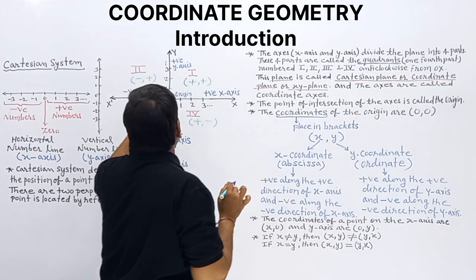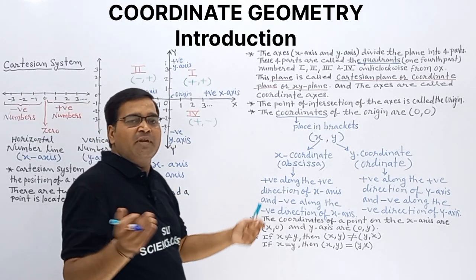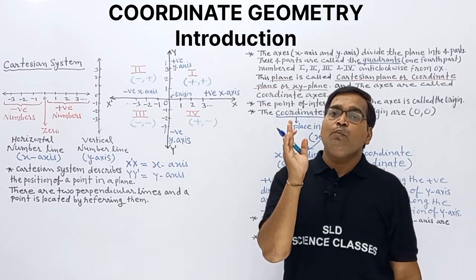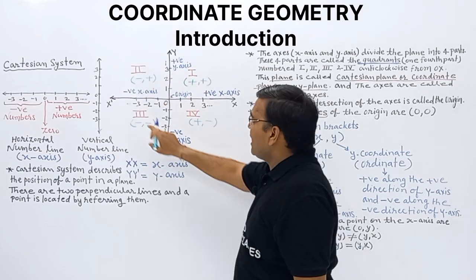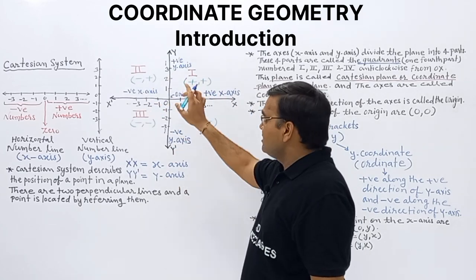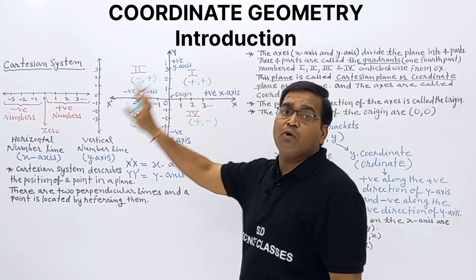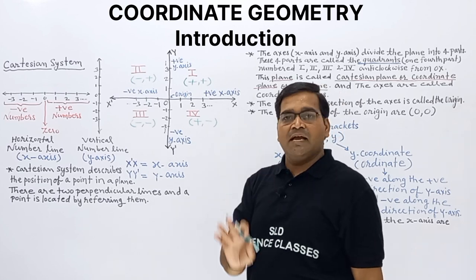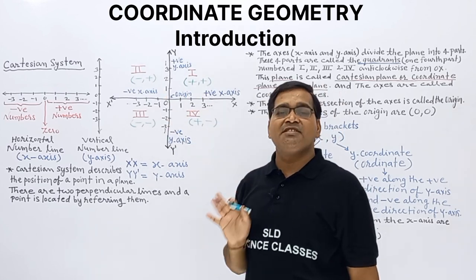What is the meaning of quadrant? A quarter part. A quarter is called a quadrant. So these axes divide the plane into four parts, and these four parts are called quadrants. Clear? So we have four quadrants in a Cartesian system.